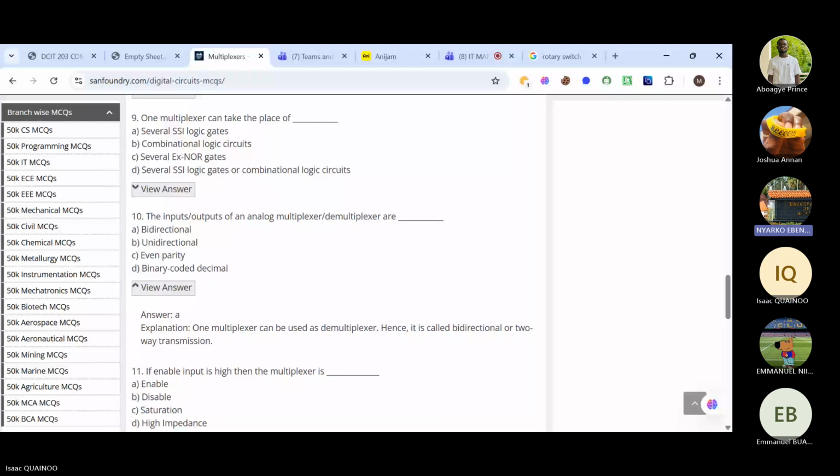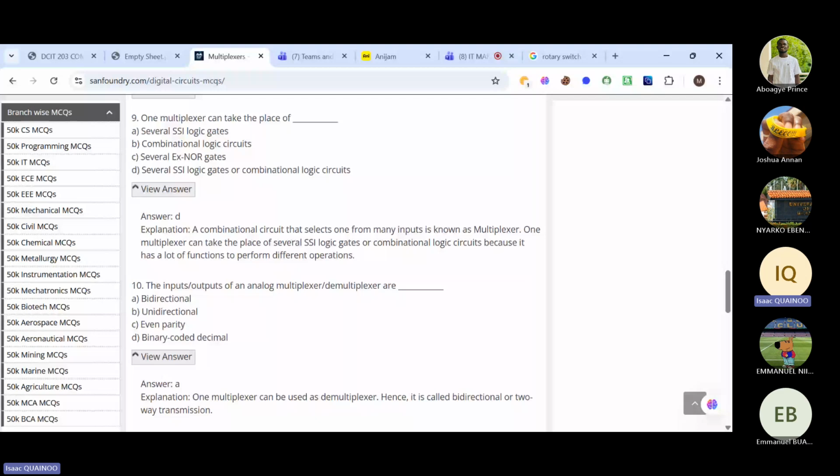Exactly. So we went for D as the correct answer, and our explanation is that one multiplexer can take the place of several SSI logic gates or combinational logic circuits because it has a lot of functions to perform different operations. One of the uses of multiplexers is that it helps simplify logic circuits.